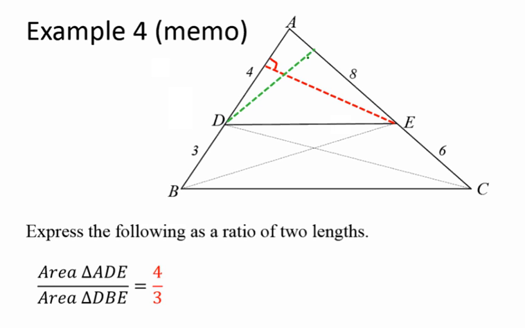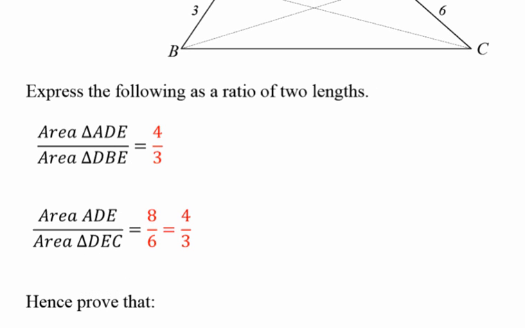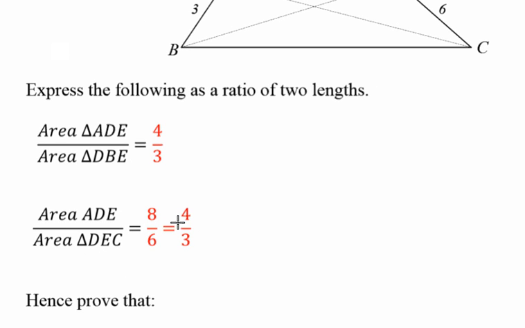So you can see that they both share that altitude from vertex D. So the area of that triangle divided by the area of that triangle will be equal to the base of that triangle divided by the base of that one. So it's 8 over 6, which we can simplify to 4 over 3.